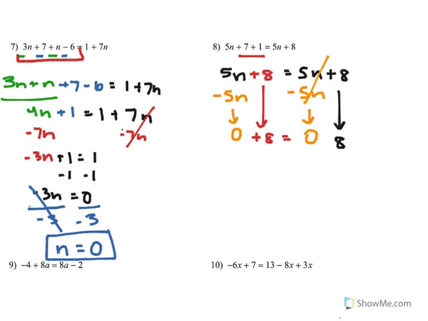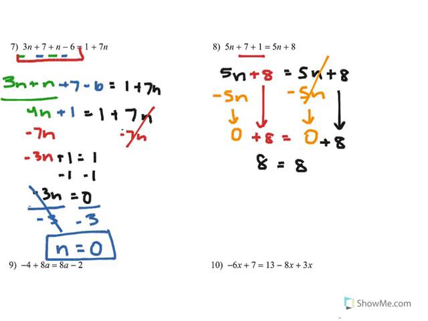So this really means I've got a positive 8, 0 plus 8, which we know is just 8, is equal to 0 plus 8, which we also know is equal to 8, and we're just left with this really weird equation that simply says 8 is equal to 8.